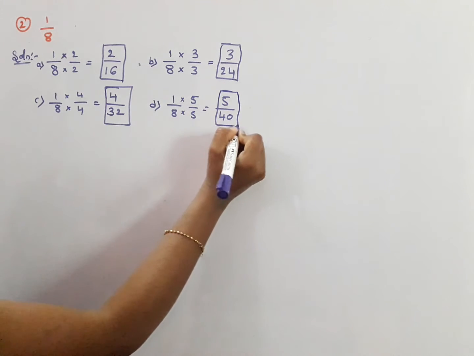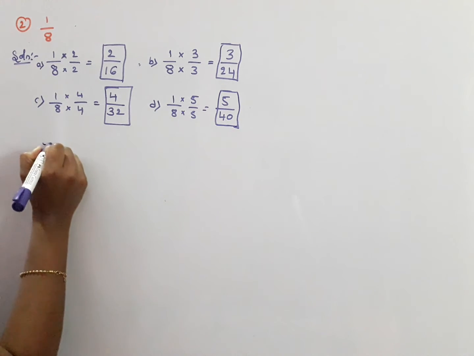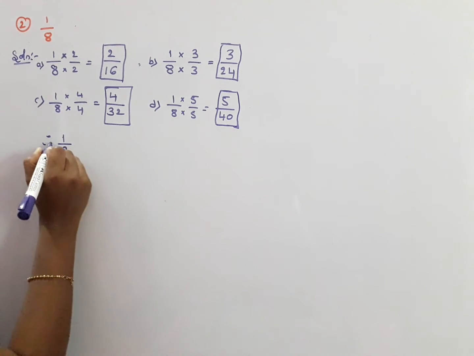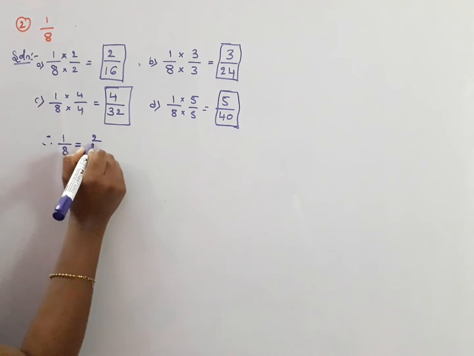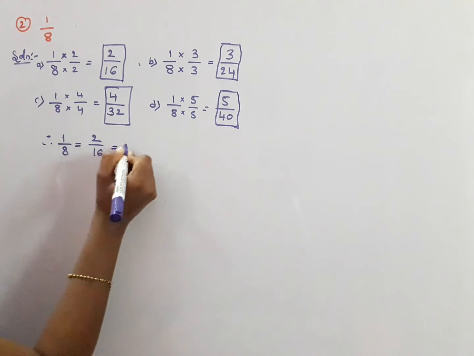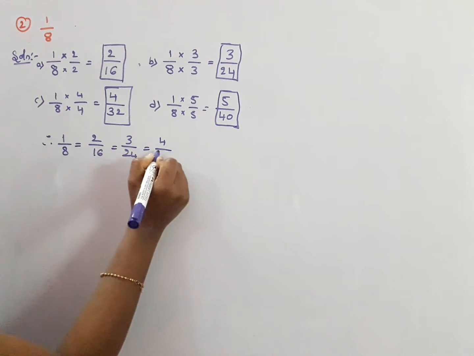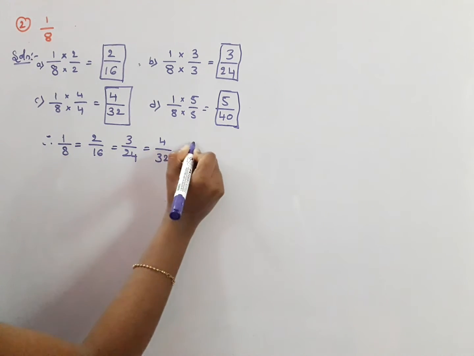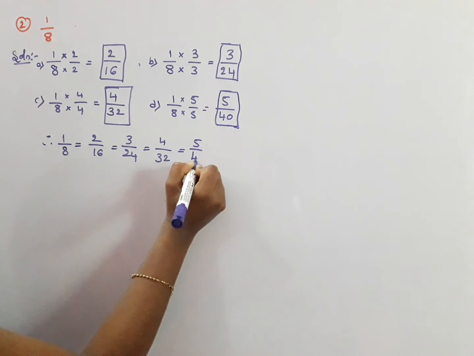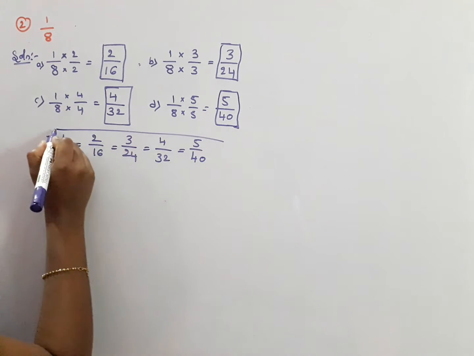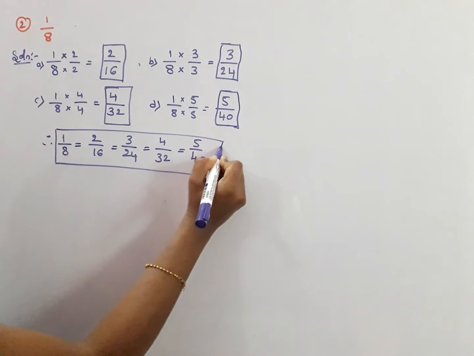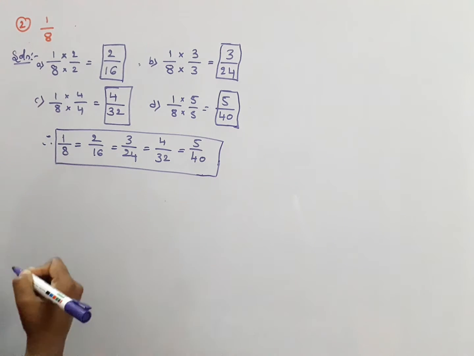This is the fourth equivalent fraction. So here at the end, 1 by 8 is equal to 2 by 16, 3 by 24, 4 by 32, and 5 by 40. These are the equivalent fractions of 1 by 8. This is the answer.